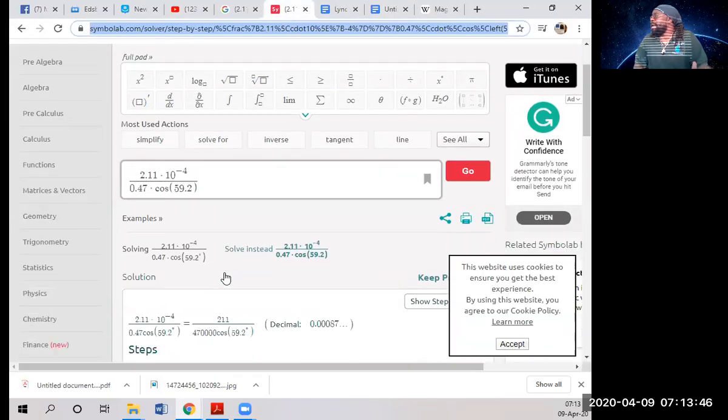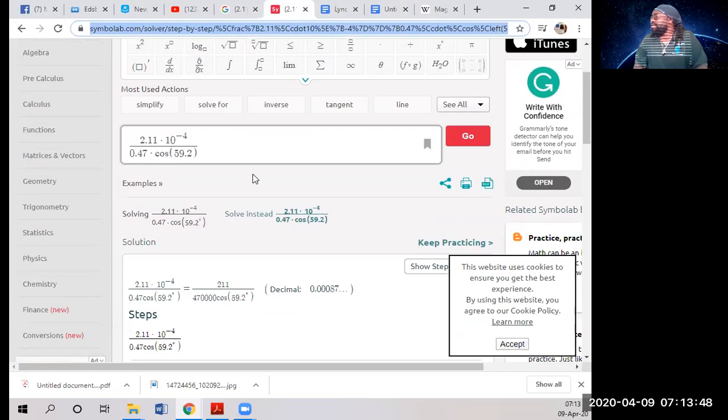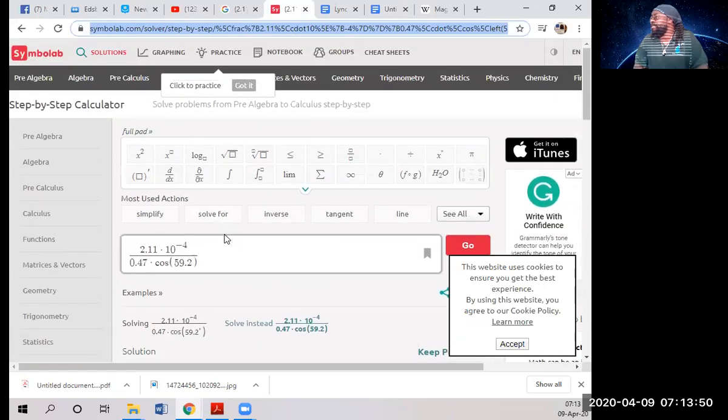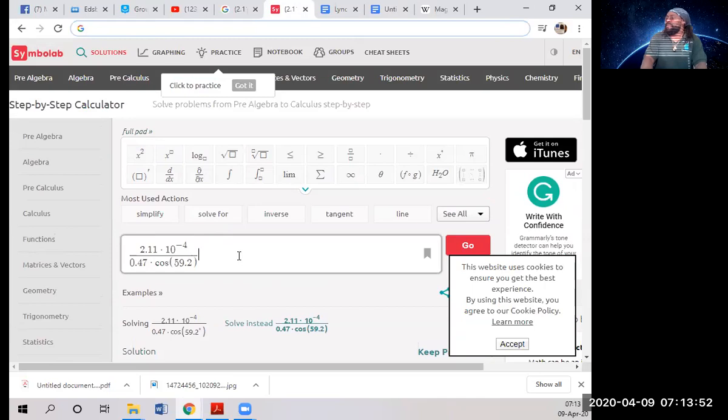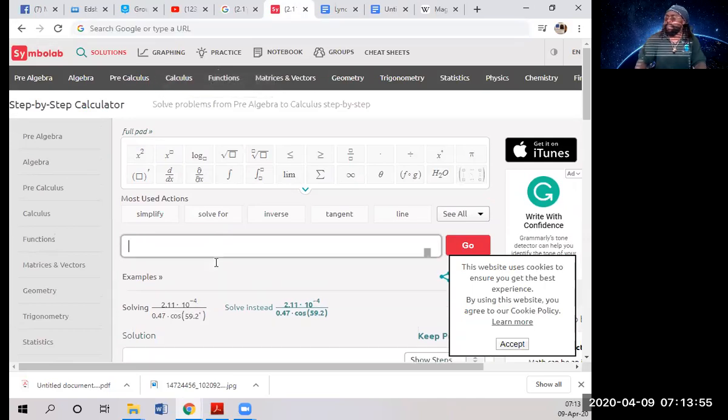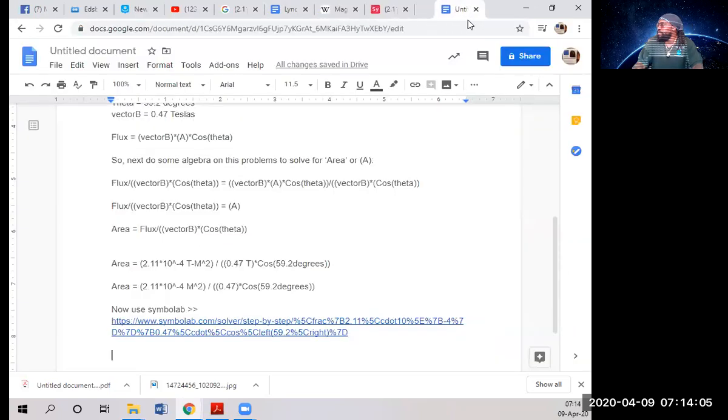So this is what I got. I got the answer already, but I'm gonna take you through the steps to do it so you can see how. Let's delete all this. Okay. Now, how did I type this in? Well, again, I'm using the equation from the previous page where we did the problem, right?